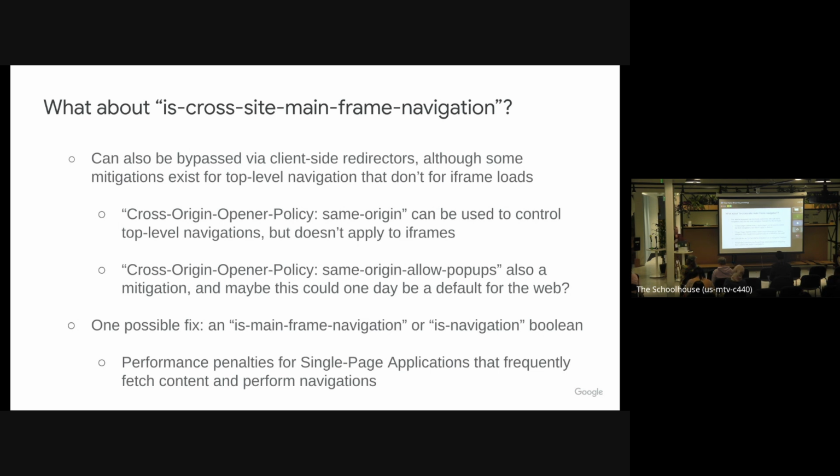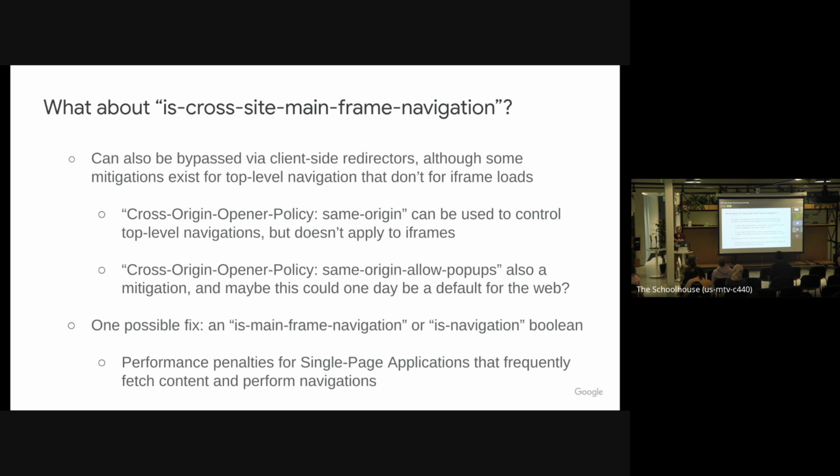One possible way to fix this attack would be to make the Boolean that we added more restrictive, specifically moving away from an is-cross-site Boolean, and just restricting navigations themselves. So either adding a Boolean that is just for any top-level navigation, or for all navigations, replacing the subframe one.